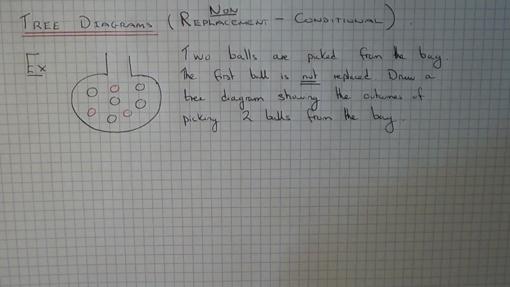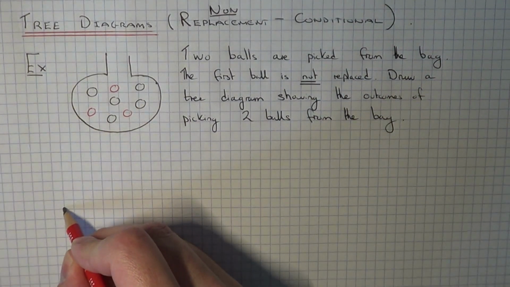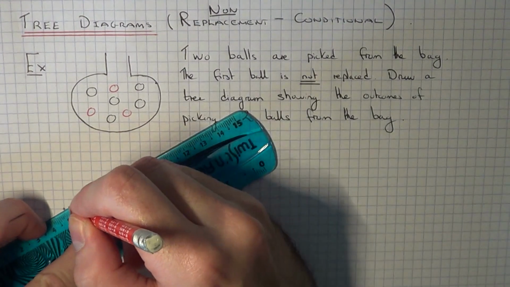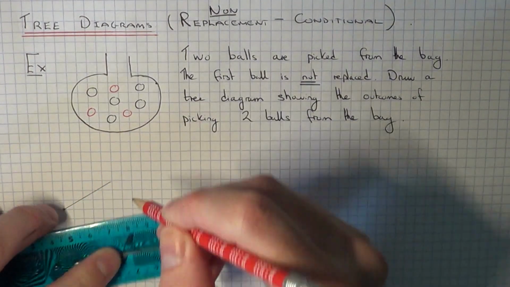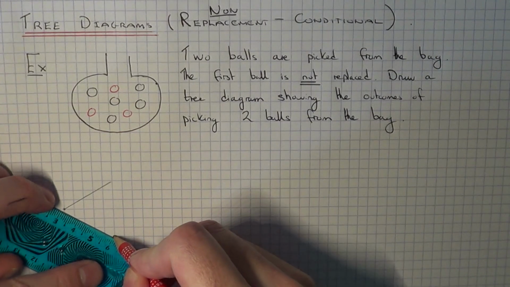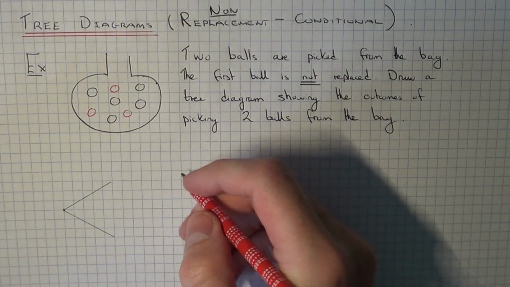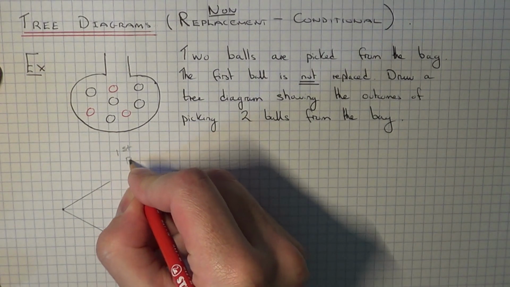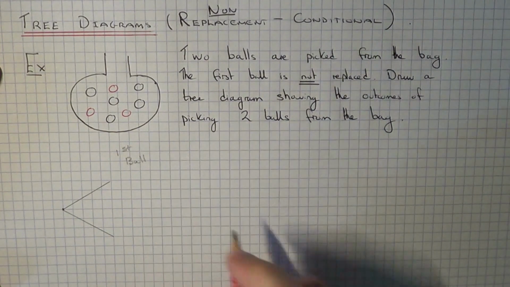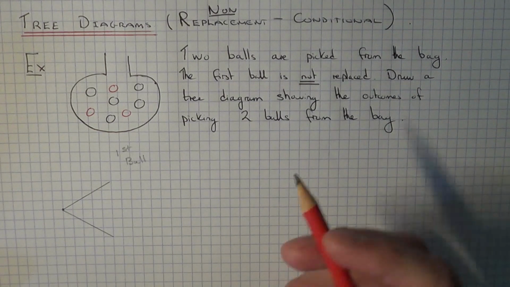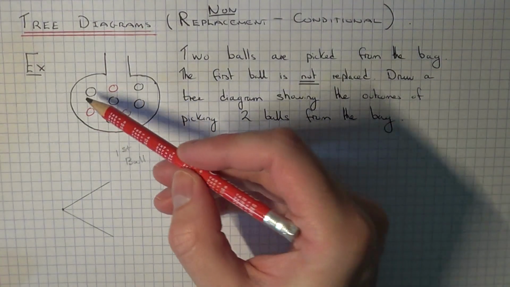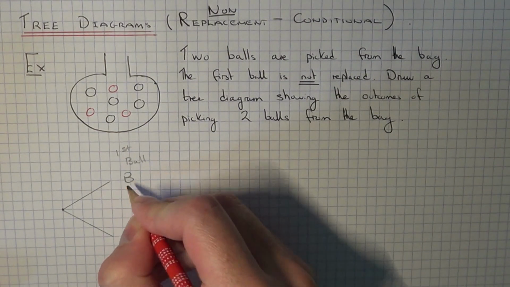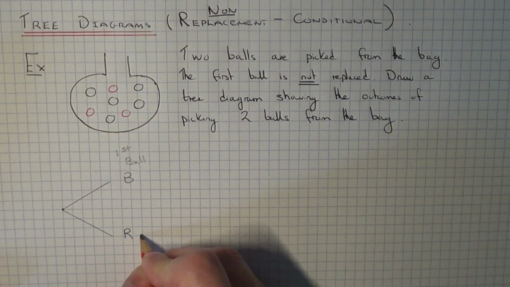Okay, so to begin with, start on your left hand side of your page, and we need 2 branches coming out. These 2 branches are for our first ball. Now, on our first ball, we can either pick a black ball or a red ball.